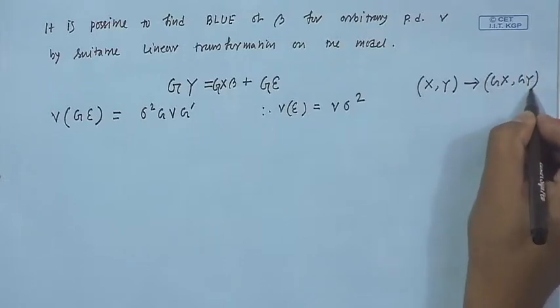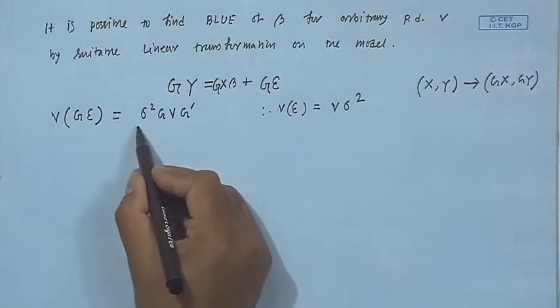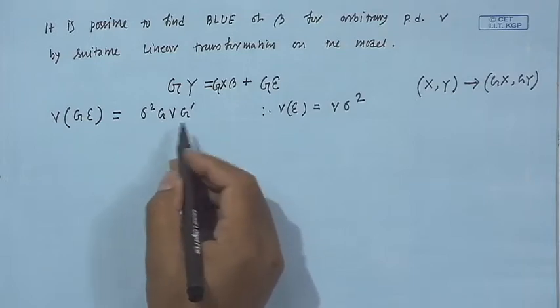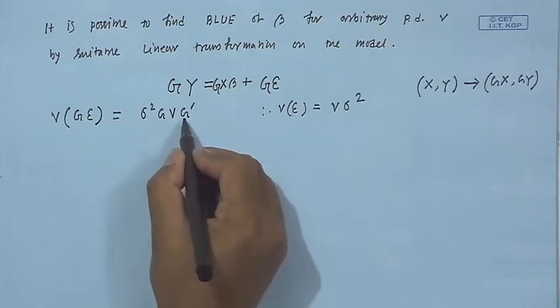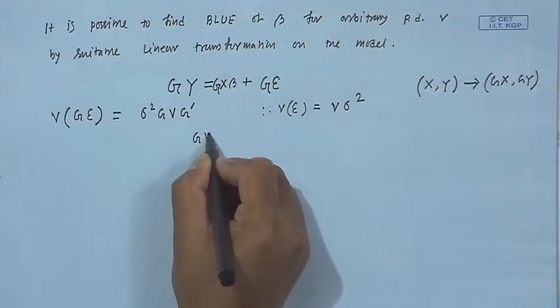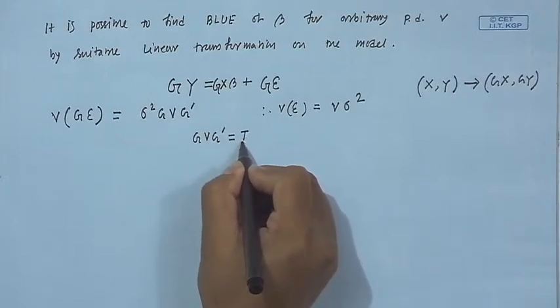Now, our problem is to choose a correct G such that this quantity is identity. So, we have to choose G in such a way that G V G prime is equal to identity.